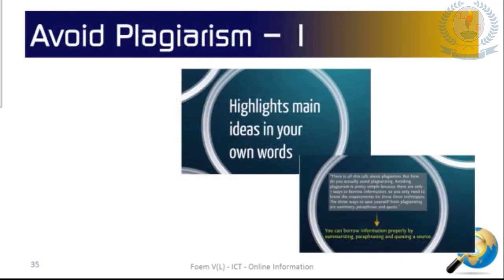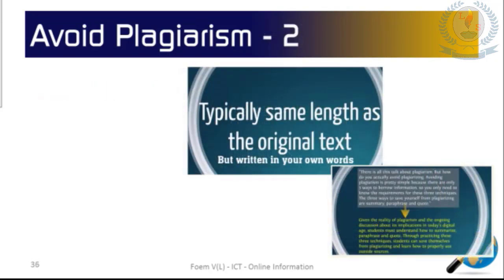To avoid plagiarism, one method you can follow: summarize the contents. First you get the main idea from the internet content, then you convert it into your own words. If it is a long paragraph, you summarize it, so that it includes your own words. Next one, paraphrase.